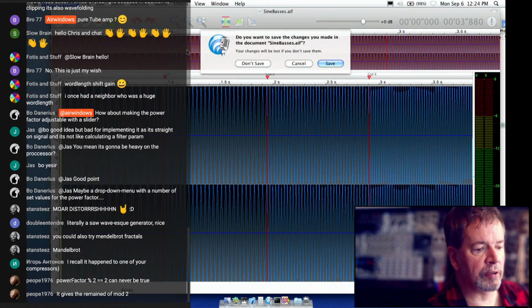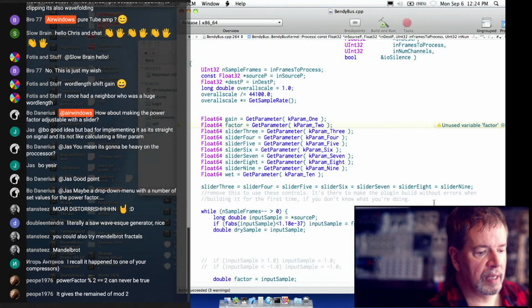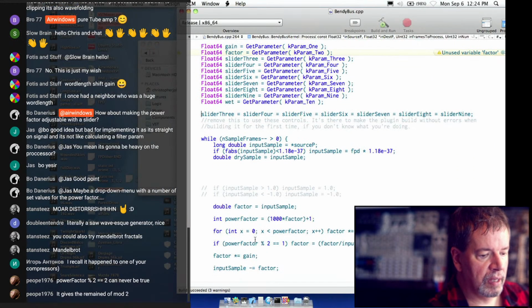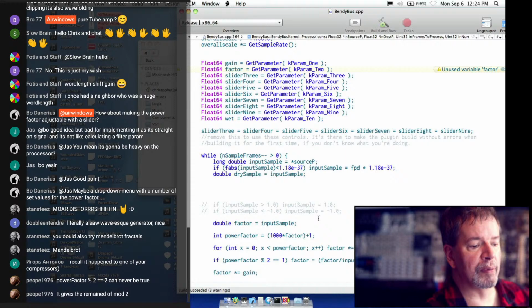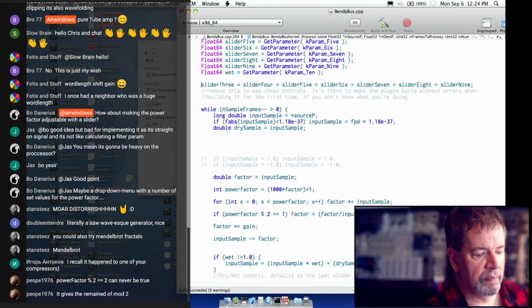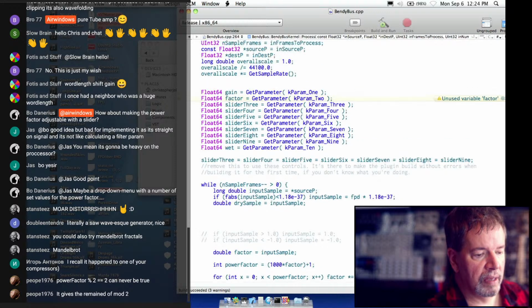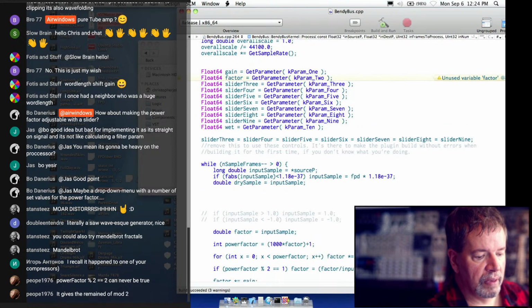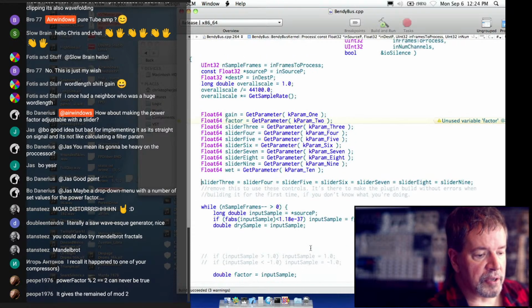And I keep forgetting to close this window before doing this. Oh, I made big problems here. There's a variable, and then I'm trying to do it again. So this is all messed up.